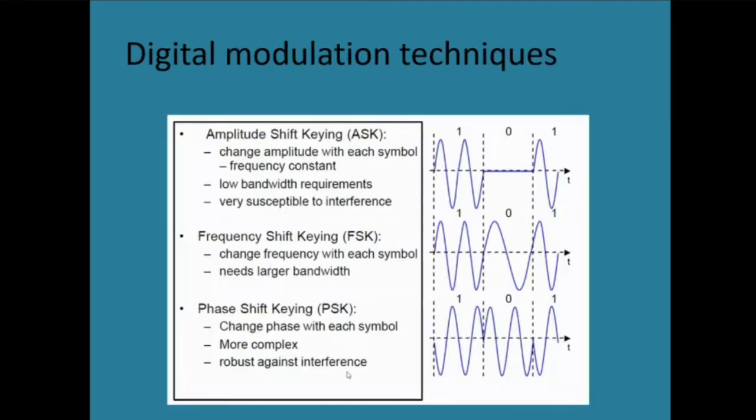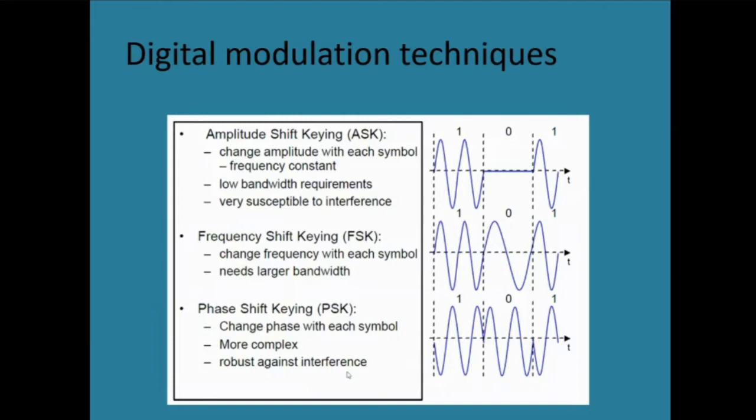So digital modulation techniques, which come under memoryless modulation techniques, generally include amplitude shift keying, frequency shift keying, and phase shift keying. Amplitude shift keying means a change in amplitude with each symbol while the frequency is kept constant. Only the amplitude changes, which is similar to amplitude modulation in analog communication.